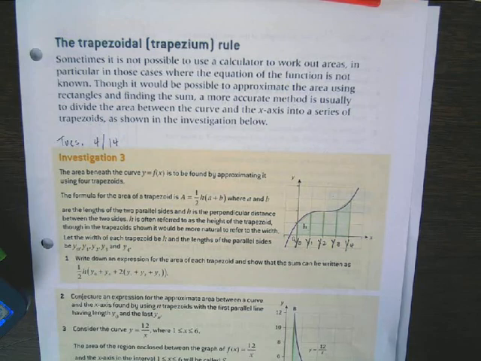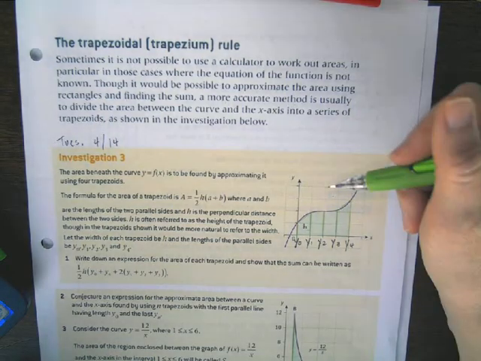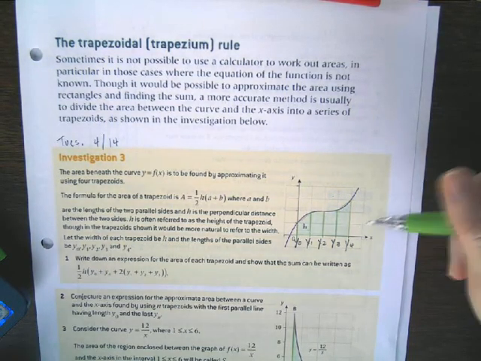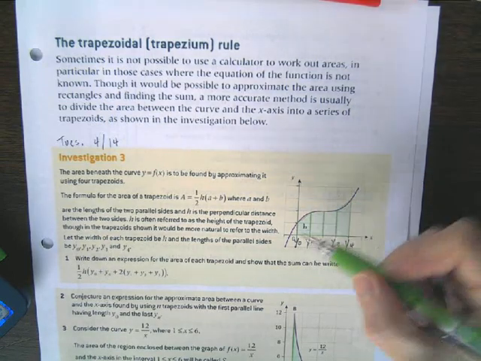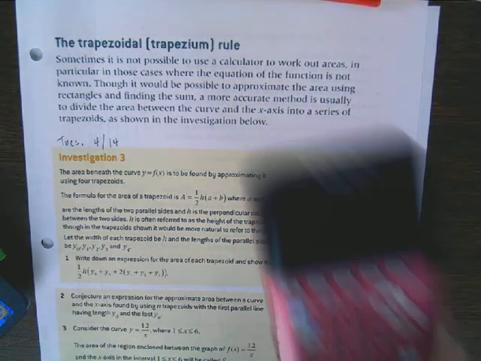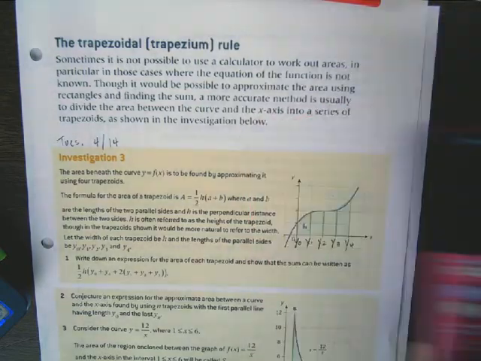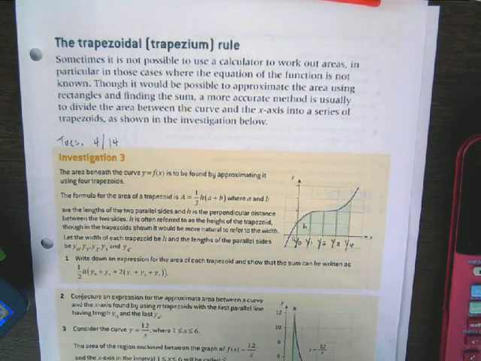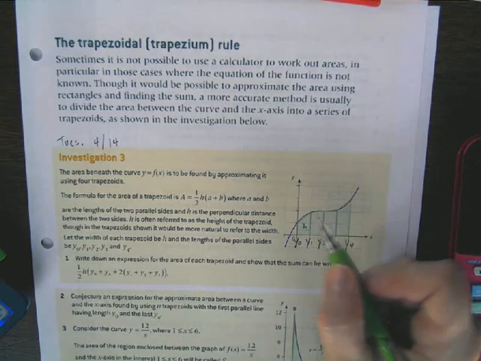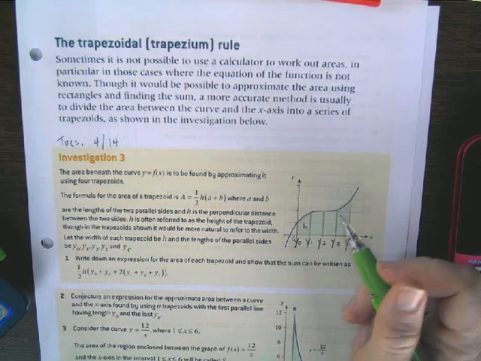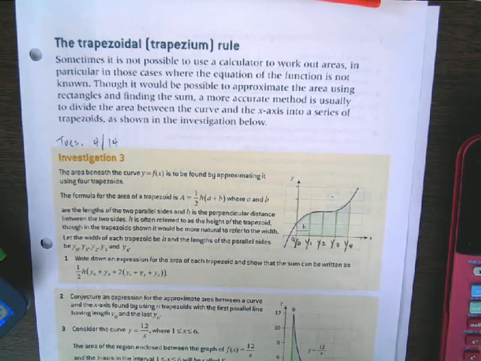Okay, so in this investigation, what they were doing is they were saying if we couldn't use the integration tool on our calculator, if we couldn't integrate, how could we find the area underneath a curve? And the idea is that you can actually break the area up into trapezoids. So we did this before when we first learned about integrals. So we broke it into rectangles.